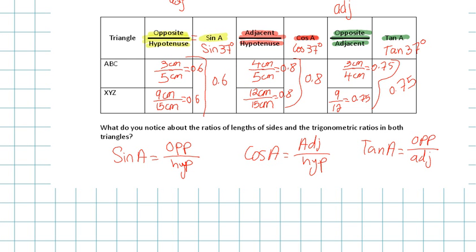And that's why naming your triangle is very important. Naming which one is the opposite, which one is the adjacent, which one is the hypotenuse is very, very important.